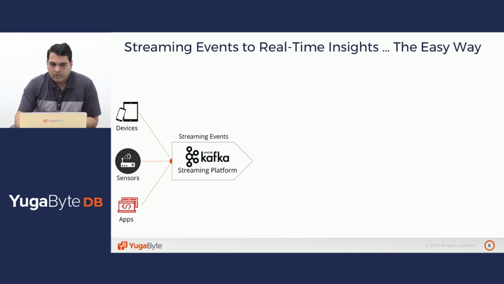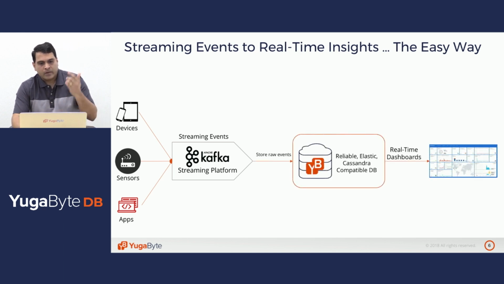For example, you can store the raw events from all the data that's coming into the database, like Yugabyte database, which is reliable, elastic, and has multi-API, and in this case, the Cassandra compatible API has good aspects of TTL and some of the requirements for KSQL as well.